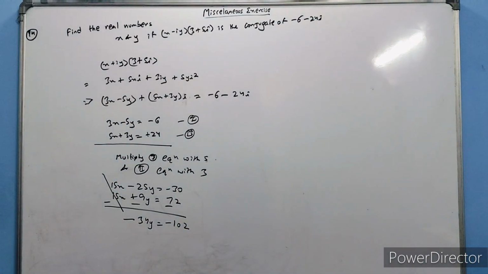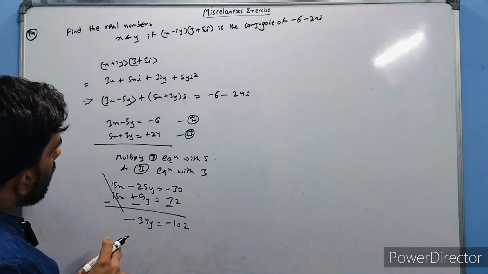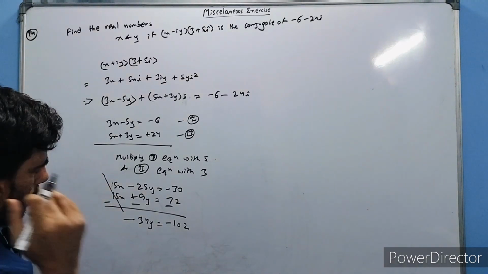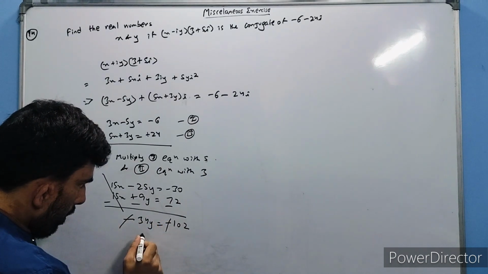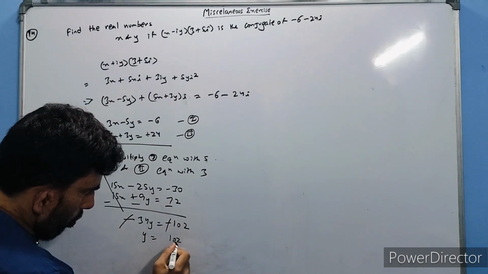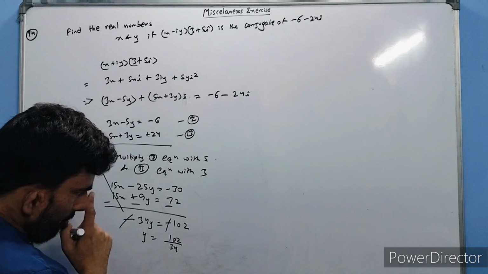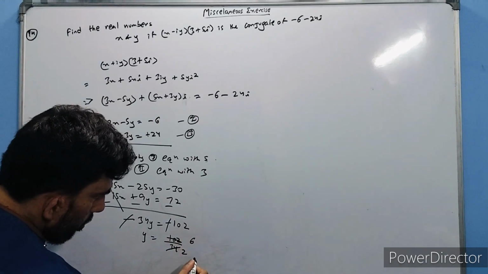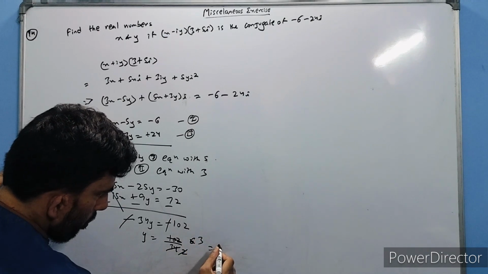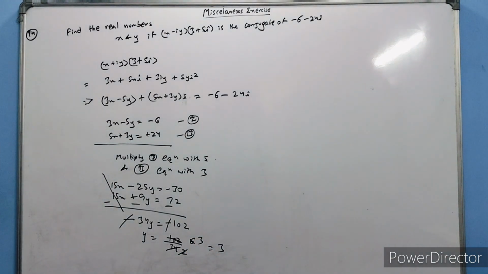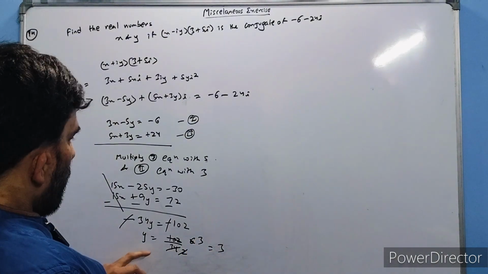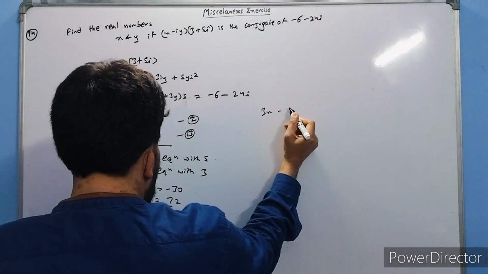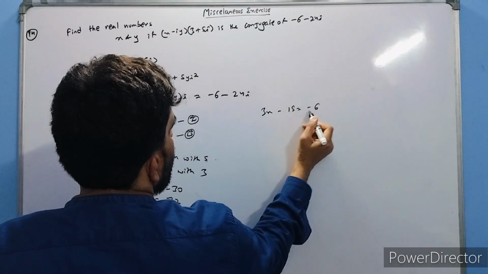So y is equal to 102 upon 34. If I divide this, I get 3. So y is 3, and putting the value of y in the first equation, we get 3x minus 15 is equal to minus 6.